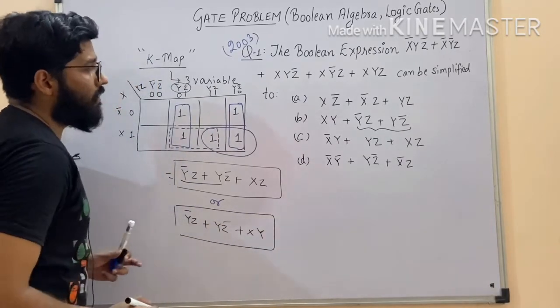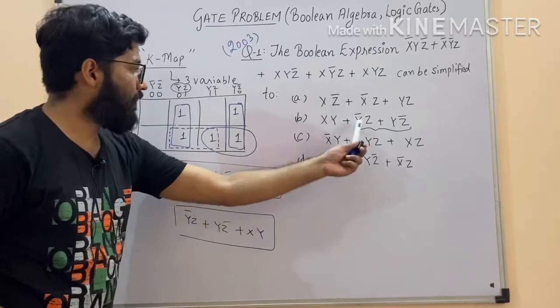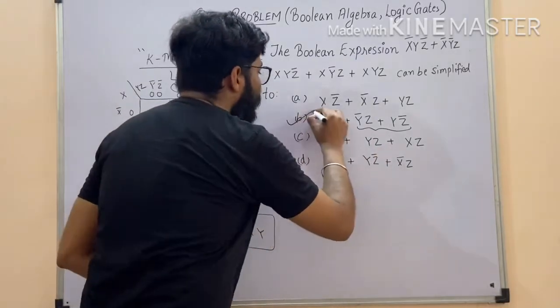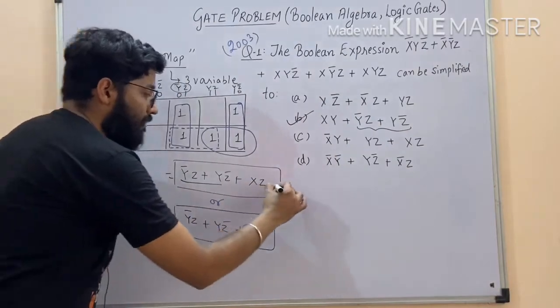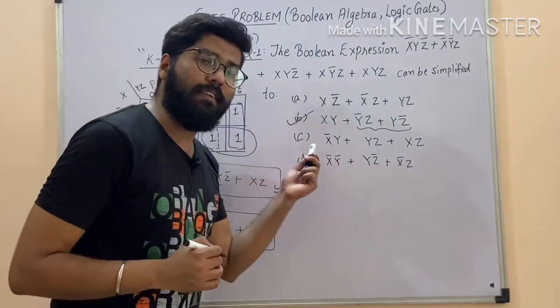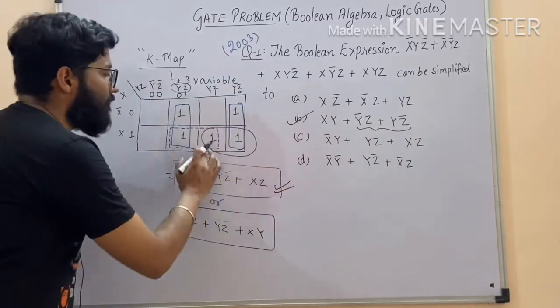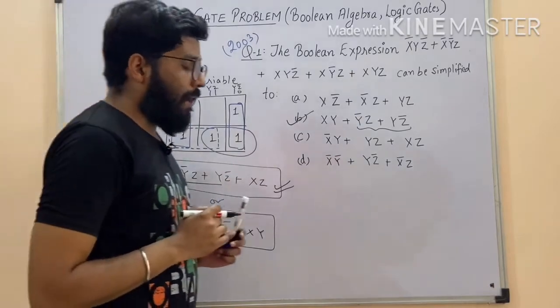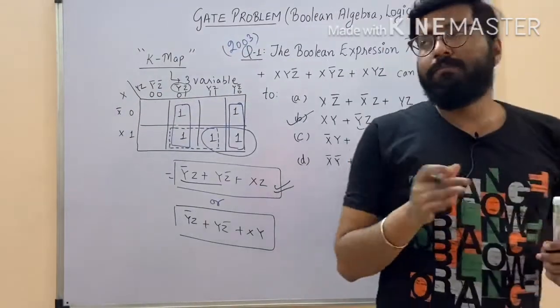Answer is x y, y complement z and y z complement. The option B is correct. But this is also correct. If the option matches by this, we have to write this, but in the question he is considering this grouping. So with the help of K-map you will simplify your expression.